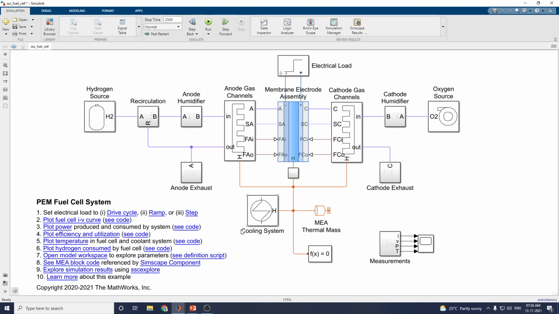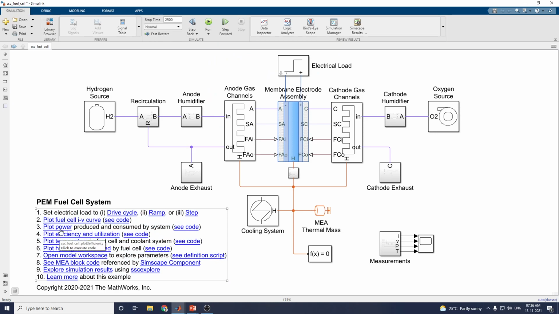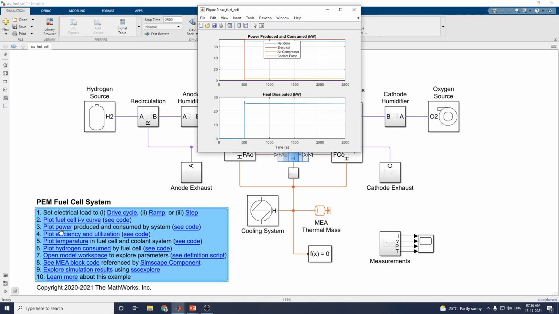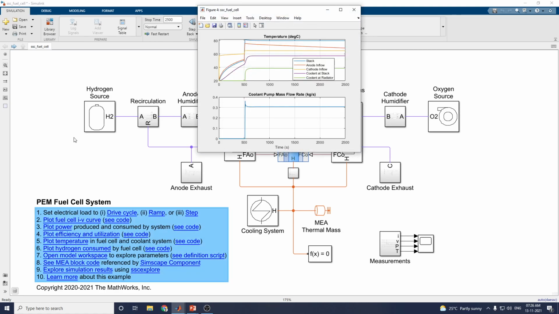Similarly, you can see the fuel cell IV curve, and this one power produced and consumed, and these are plot efficiency, and these are temperature curves.